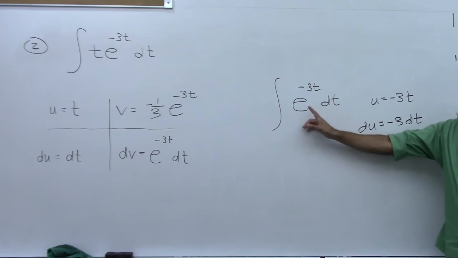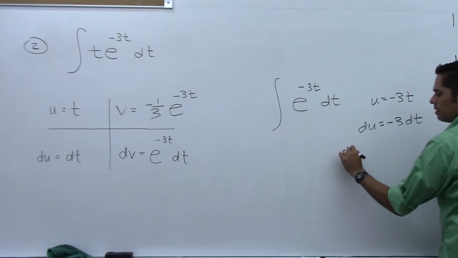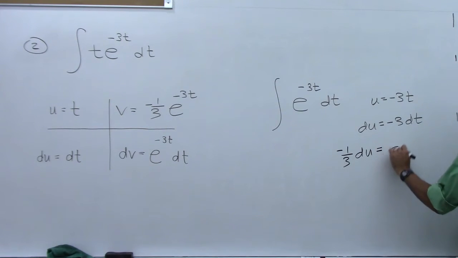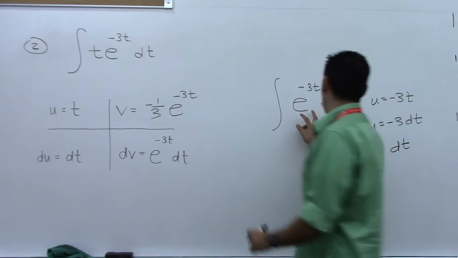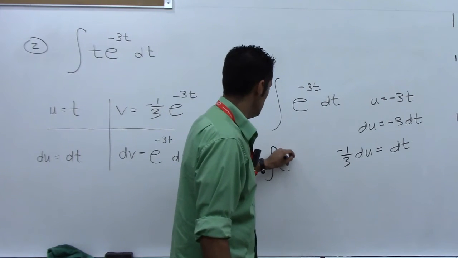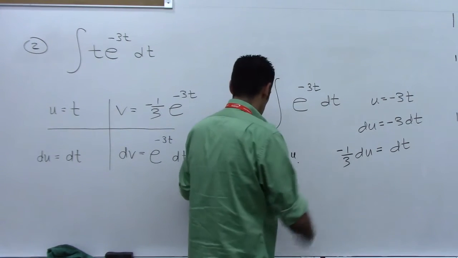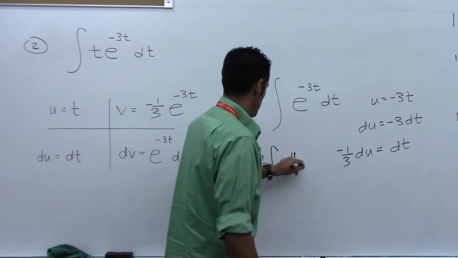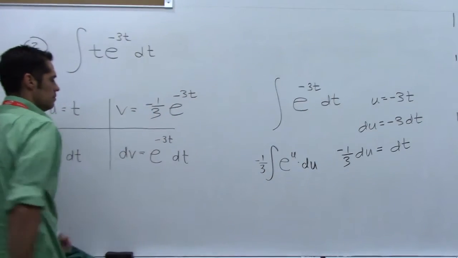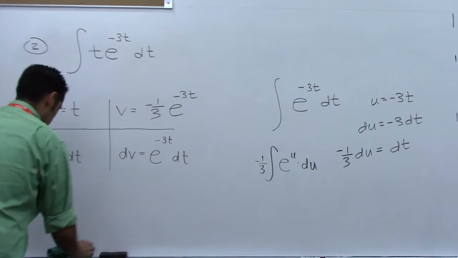You don't have a negative 3, so you have to scale it by negative 1/3 du. So what happens is you rewrite this integral as e to the u times the negative 1/3 du. And then that will turn into this. So, all right, so that's that.